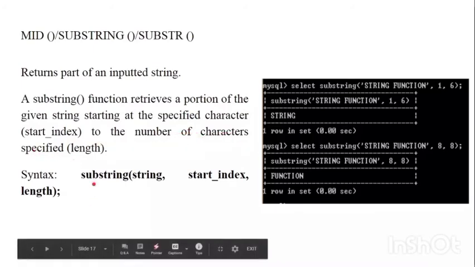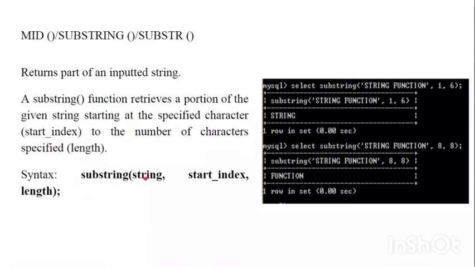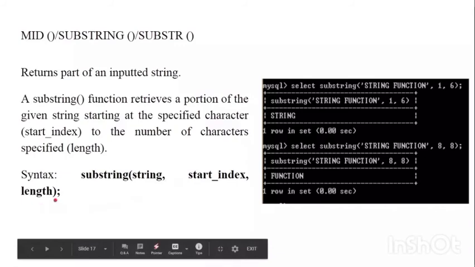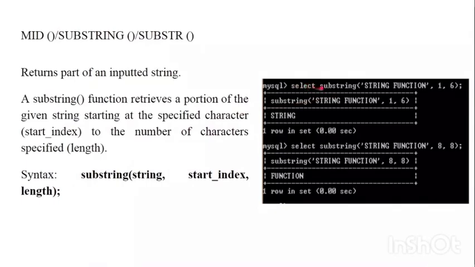So the syntax is substring, string, comma, start index, comma, length. So the function is select substring, in parenthesis, string function. This is the string. Then 1 indicates the start index and 6 indicates the number of characters to be extracted.